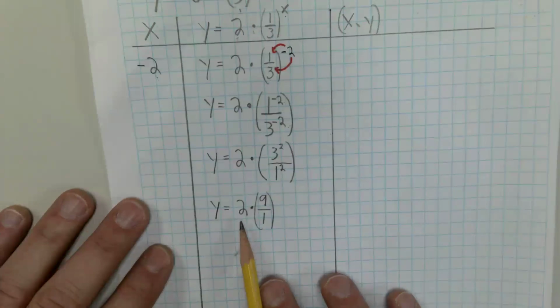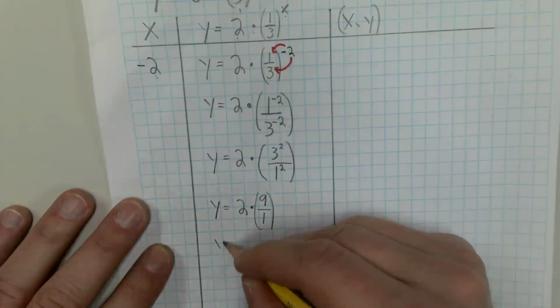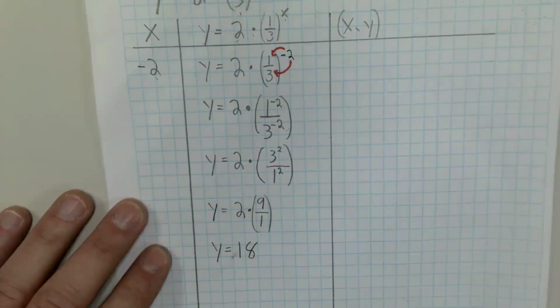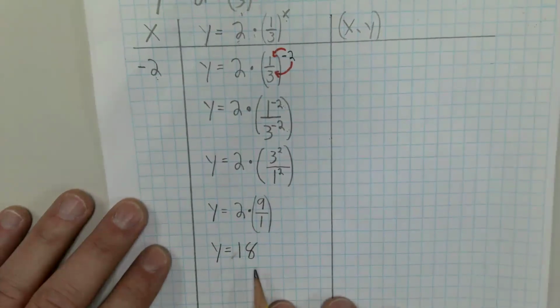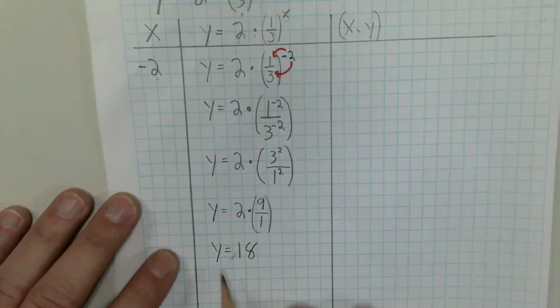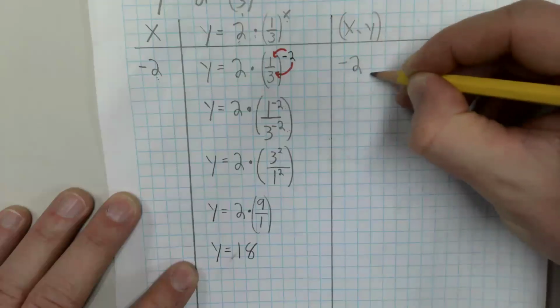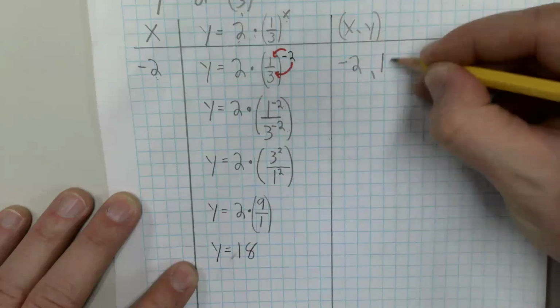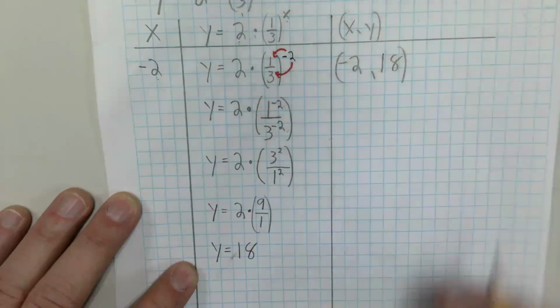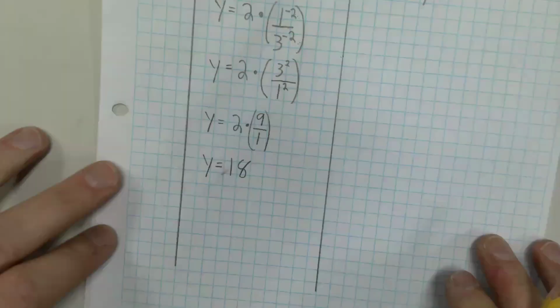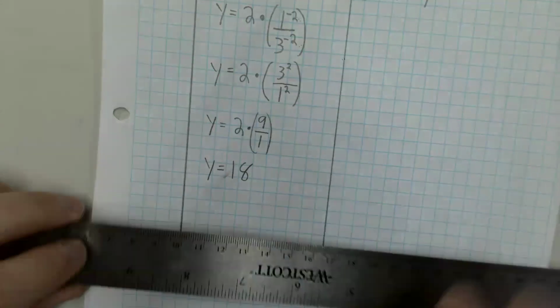So my final answer, 2 times 9, y equals 18. Okay, so with a lot of steps here, but it's going to get easier and easier as we go. So my point is -2, comma, 18. Big process there.